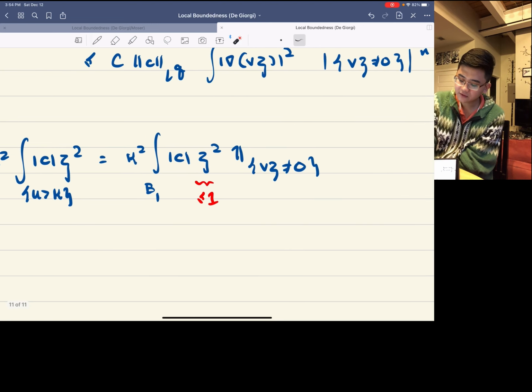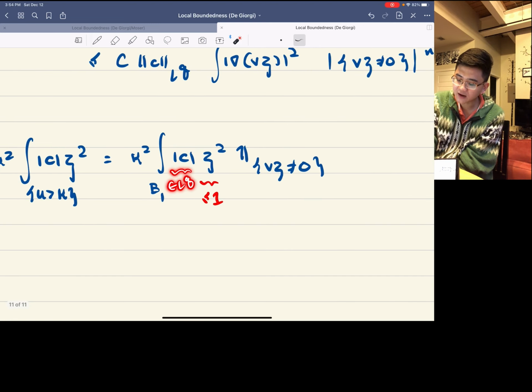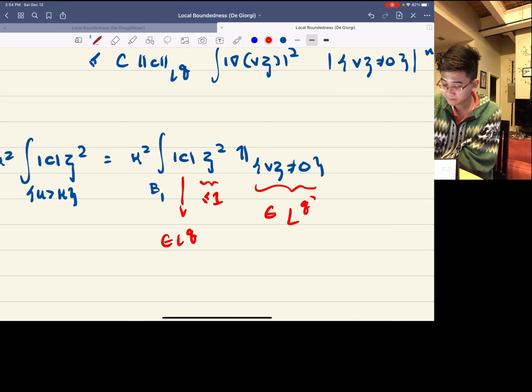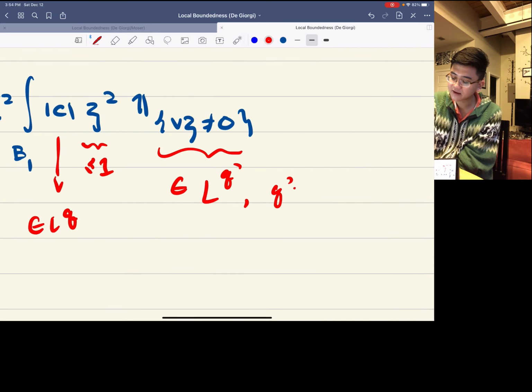Now this is in L^q, so we estimate this as in L^q prime, where 1 over q prime is 1 minus 1 over q.